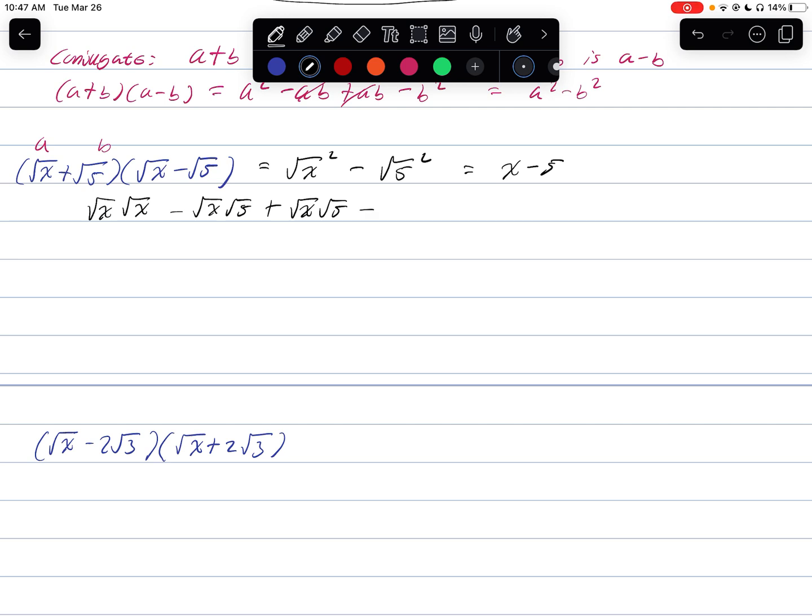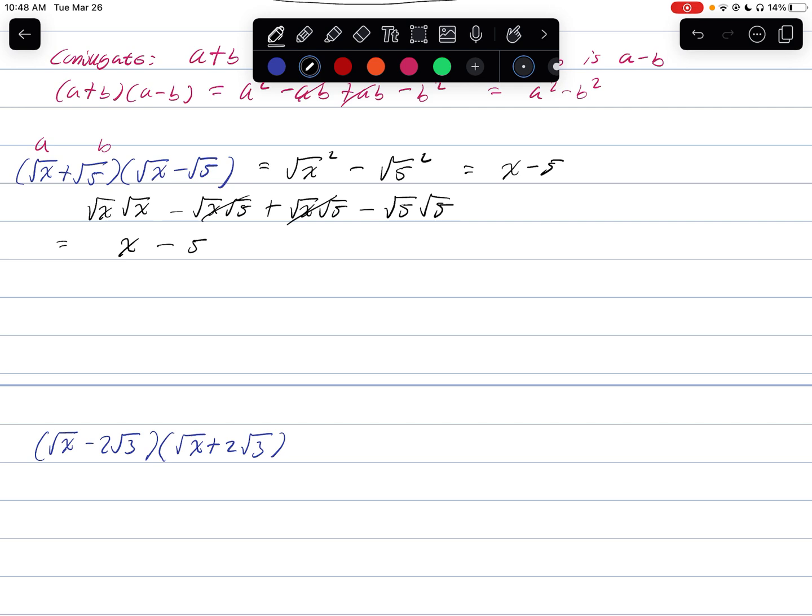And then we'll have minus the square root of 5 times the square root of 5. Okay, so the square root of x times the square root of x is the square root of x squared, so we'll just have x, okay, minus the square root of x times the square root of 5 plus the square root of x times the square root of 5. These will cancel. And then we'll have minus the square root of 5 squared, which is just 5. So it gives x minus 5.